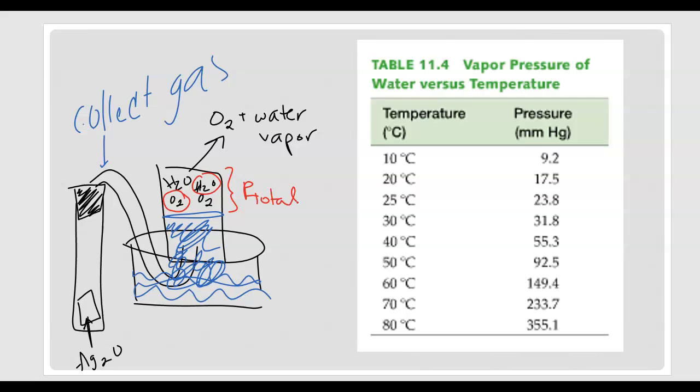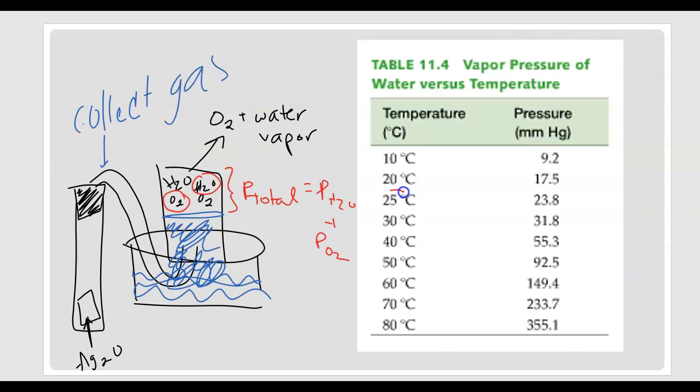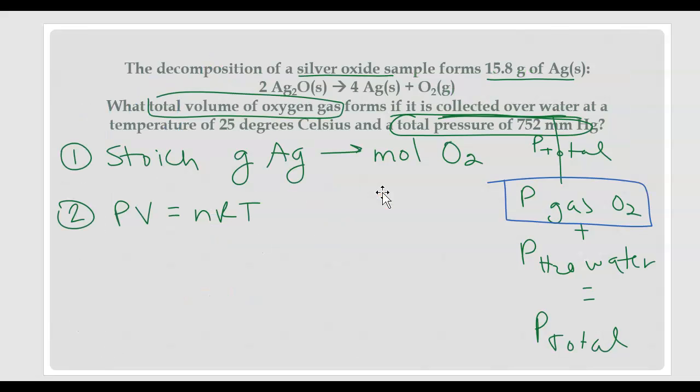So this is going to equal our water vapor plus the oxygen. Water vapor will have a certain pressure based on the temperature that it's at. In this scenario, if we go back, we were at 25 degrees Celsius. So the water pressure that we're looking at is at 25 degrees Celsius. How this will work is that P total minus P of the water vapor will equal the pressure of our oxygen.